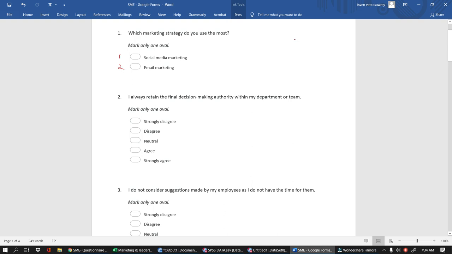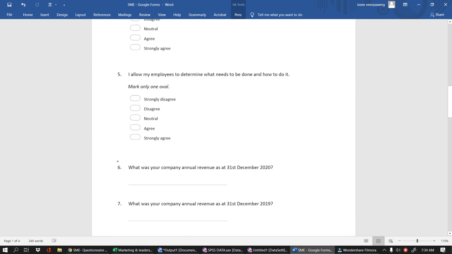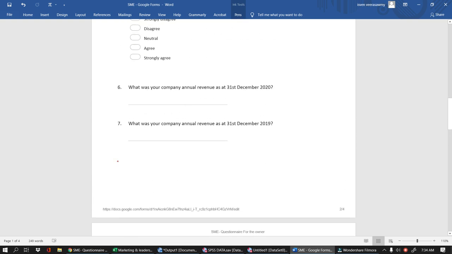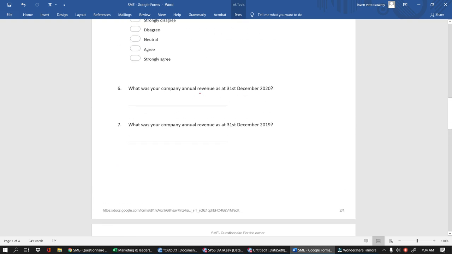So you'll have to continue the coding for all the categorical, only the categorical questions or variables. So 1, 2, 3, 4, 5. You just continue throughout the questionnaire. And notice that this question over here is talking about revenue.